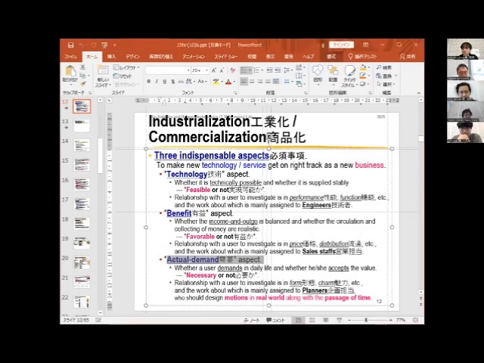Actual demand findings, and also the difficulty of making decisions about the demand or requirements for the product design.